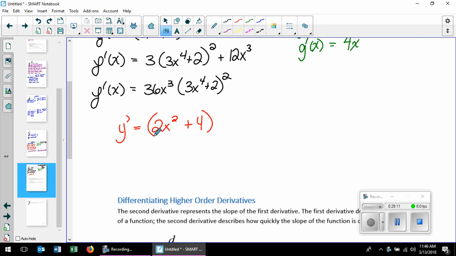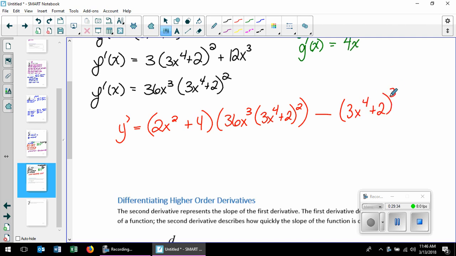Order matters here, so you have to do it in order when you're doing the divide questions, because it's a subtract. And then we're going to subtract the original f of x function, which is 3x to the exponent 4 plus 2 to the exponent 3, times the derivative of g of x, which is 4x, and that's all over the original g of x function squared.